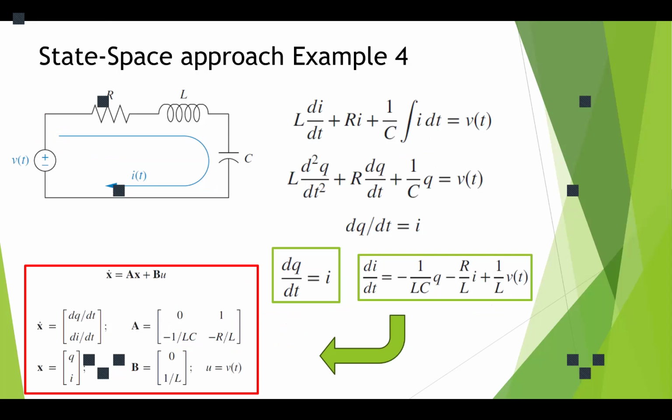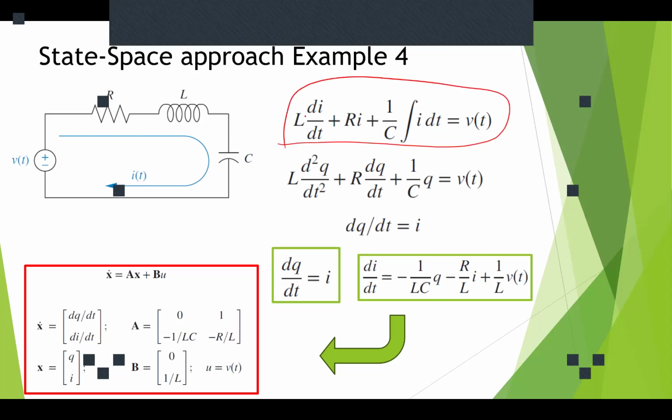We have a series RLC circuit. We already know that the KVL in this RLC circuit is going to be L dI/dt plus Ri plus 1 over C, the integral of the current, and it's going to be equal to the input, to that source. Are we good?